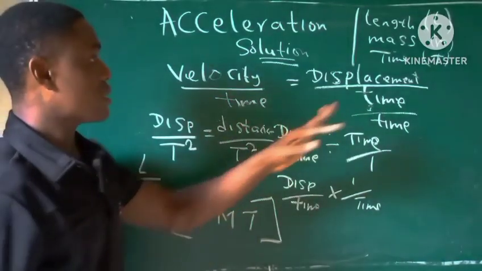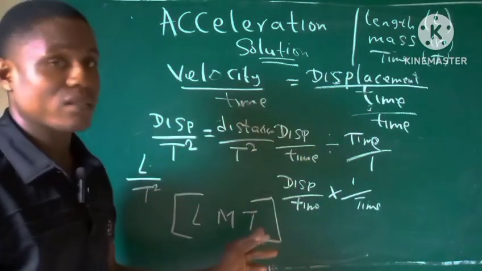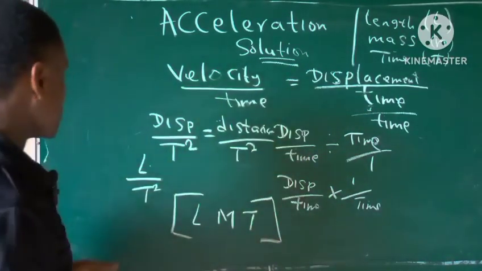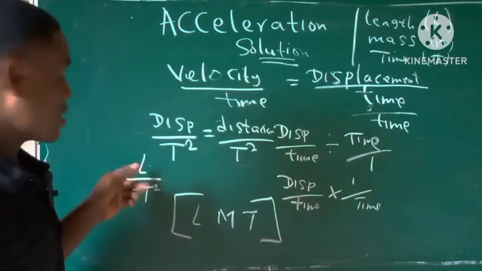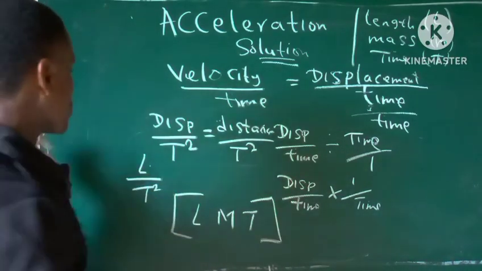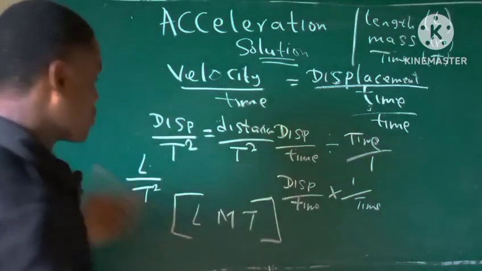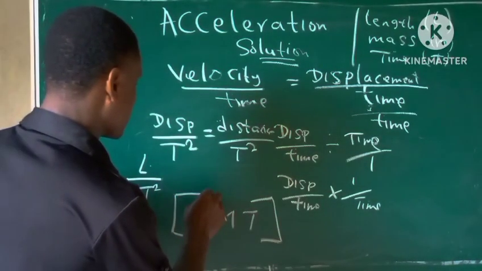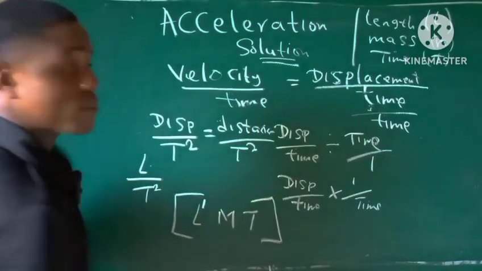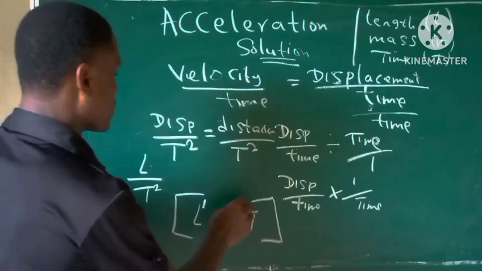L stands for the symbol of length, M is a symbol of mass, while T is a symbol of time. So here we have L and T, but M is not present, right? Since we have L here and L is the numerator, we represent it with 1. M is not present, so we represent it with 0.